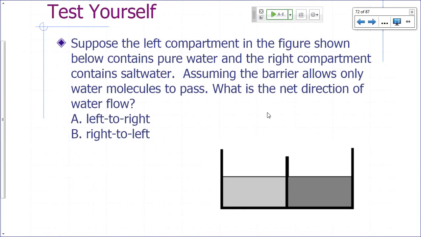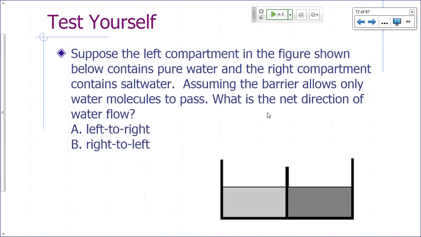So, let's see. Here's a clicker question. Suppose the left compartment in the figure shown below contains pure water, and the right compartment contains salt water. Assuming the barrier allows only water molecules to pass, what's the net direction of water flow?